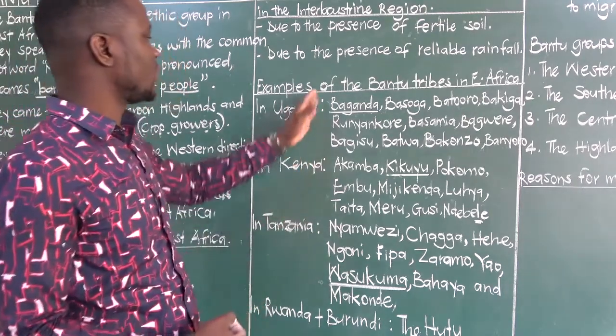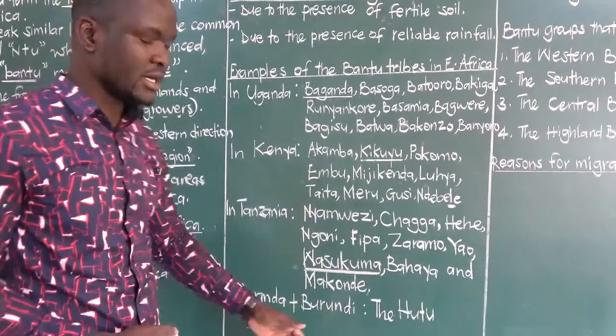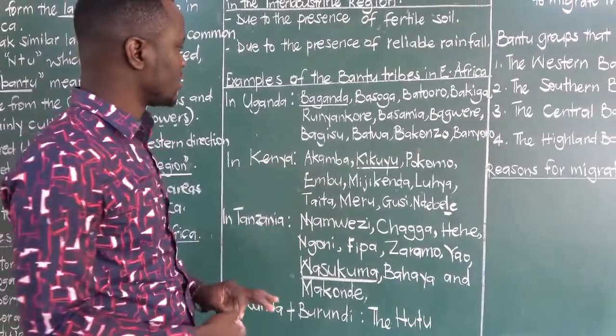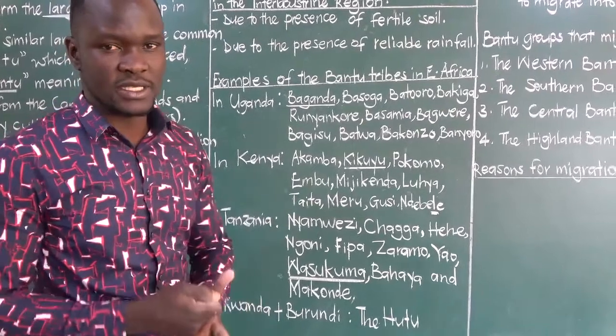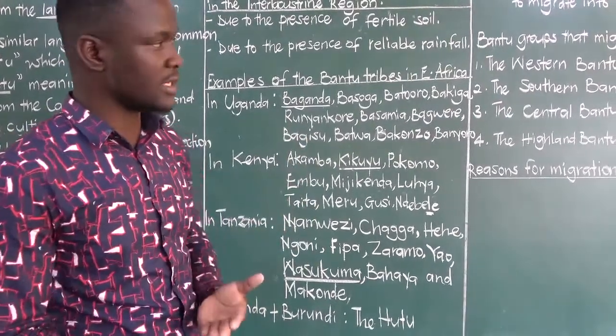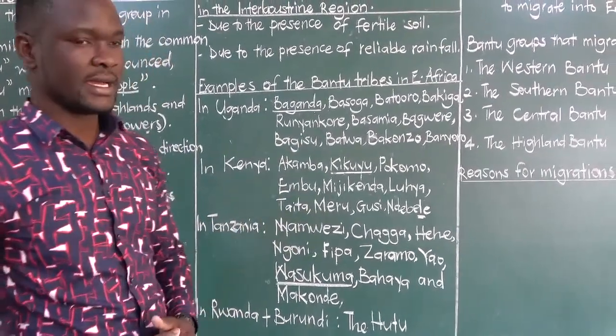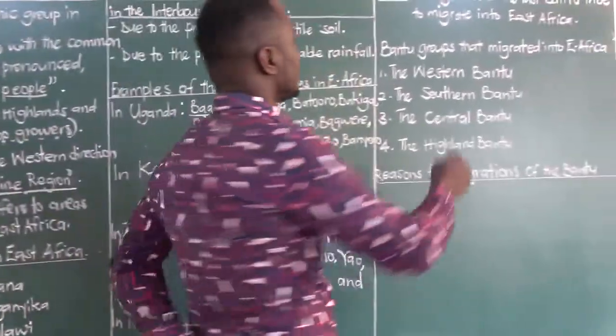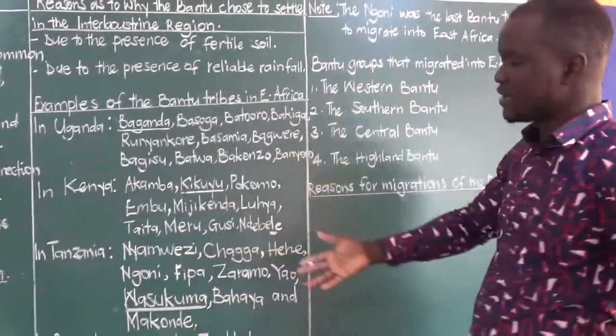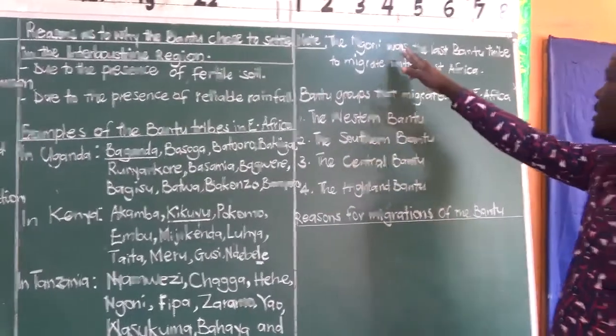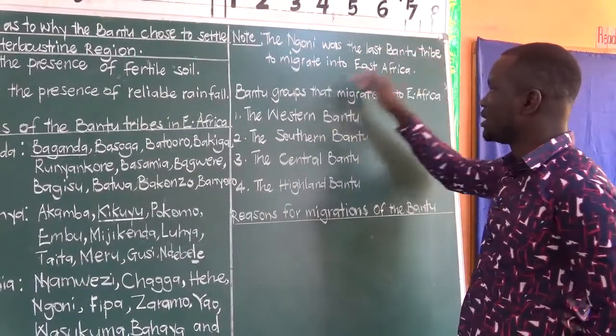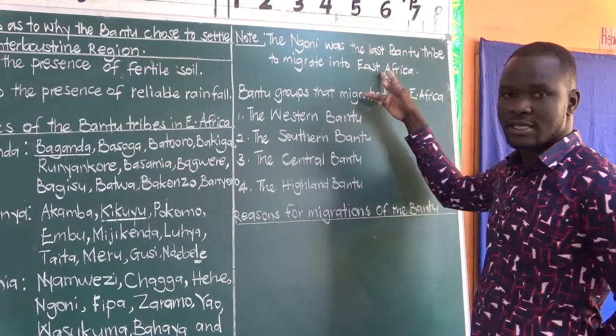So we have given a summary of these tribes that belong to the Bantu ethnic group in East Africa. This note is reminding us of what we have already discussed. We say the Ngoni were the last Bantu tribe to migrate into East Africa.